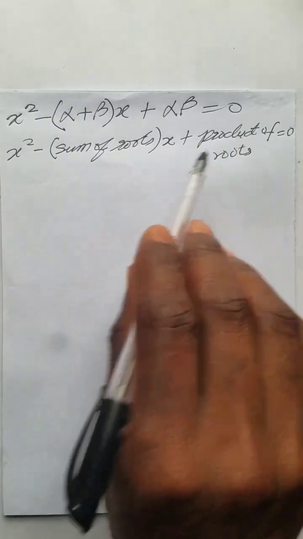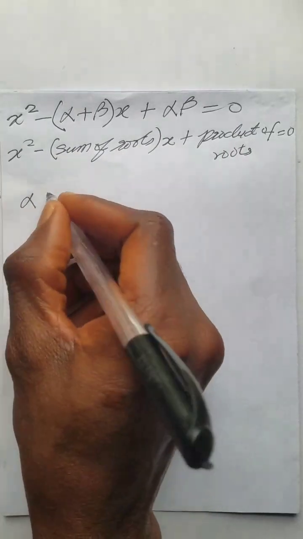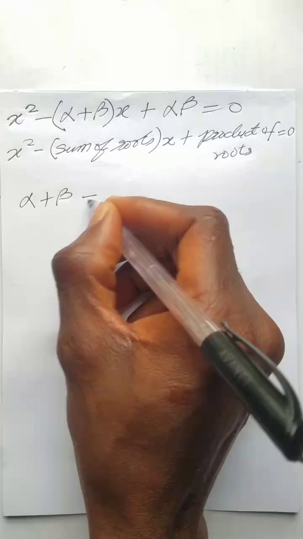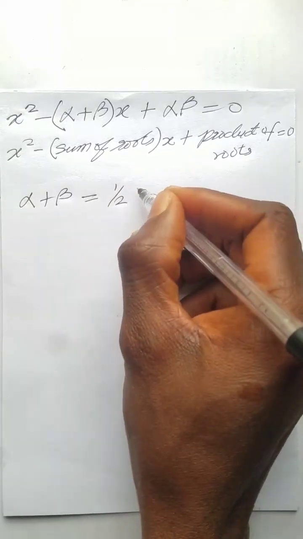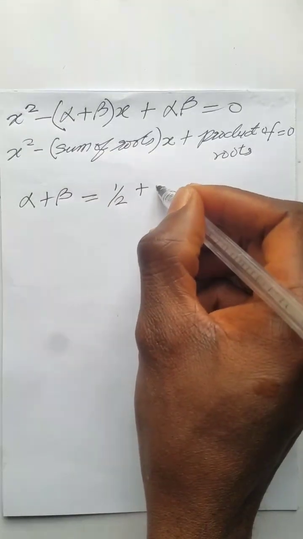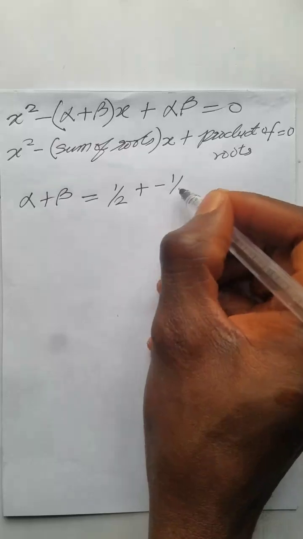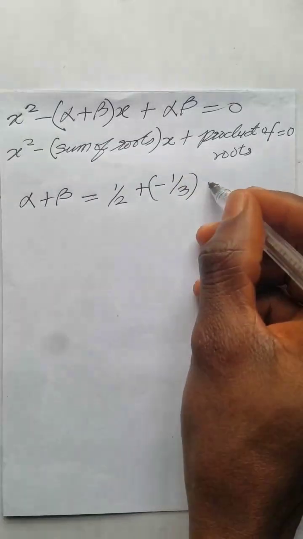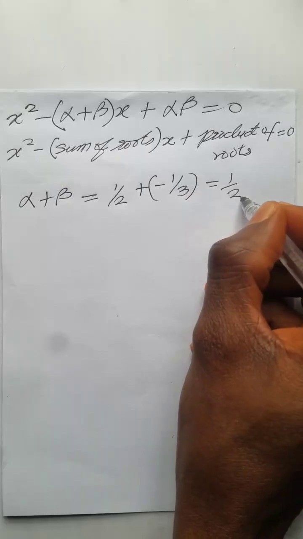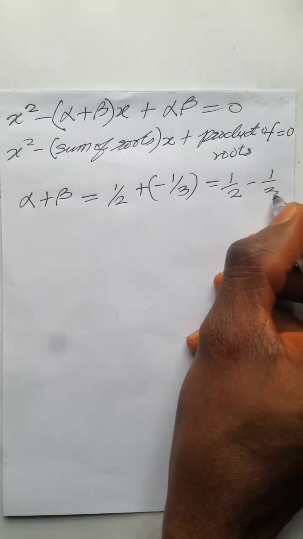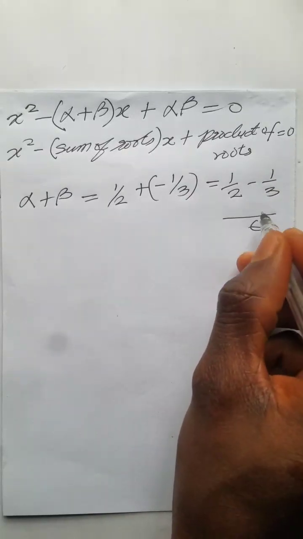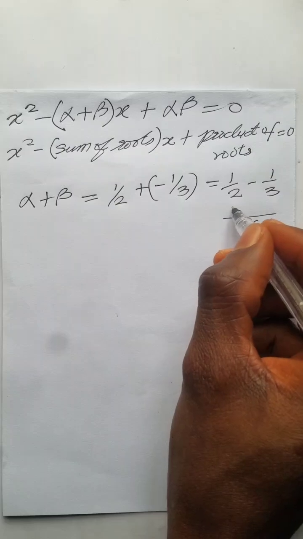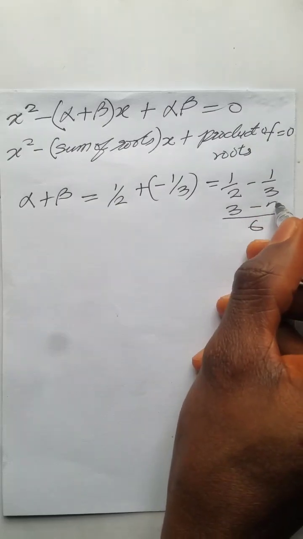So let's go ahead. What's our root? Let's find alpha plus beta, our root, which is 1 over 2 plus the second root, which is what? Minus 1 over 3. Don't make the mistake. So that becomes 1 over 2 minus 1 over 3. LCM 6. This is 3, and this is 2.